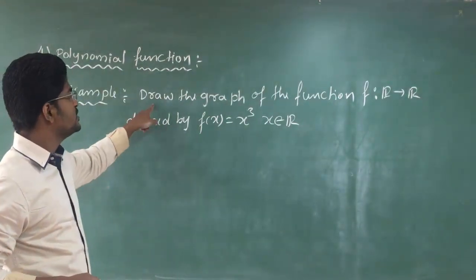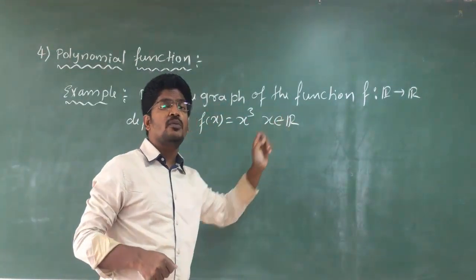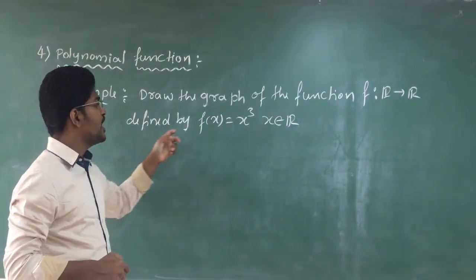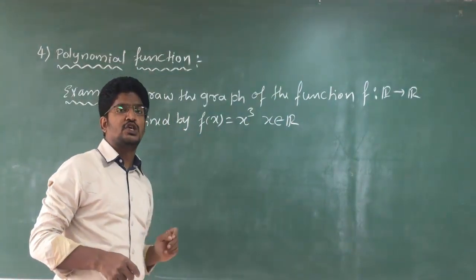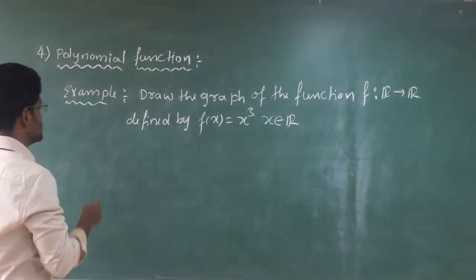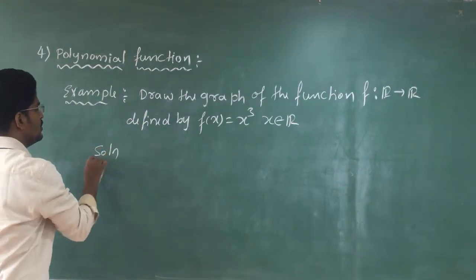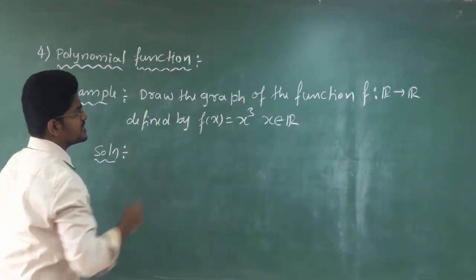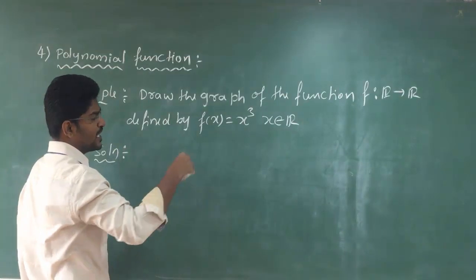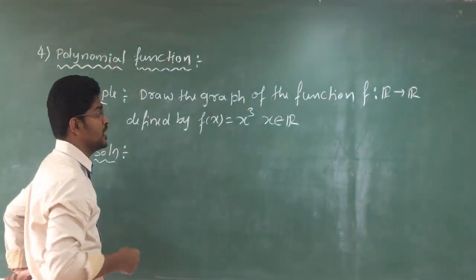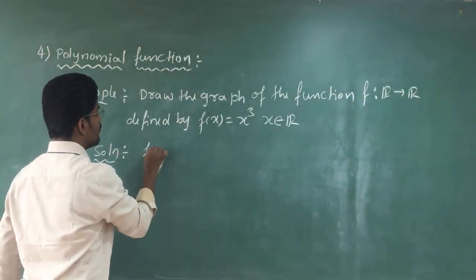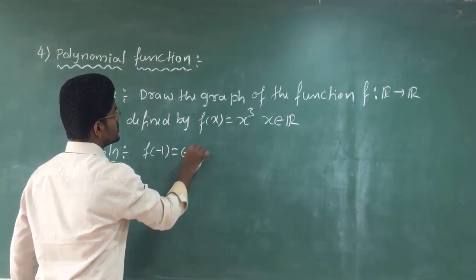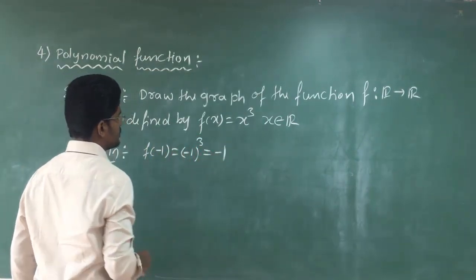They are telling us to draw the graph of the function f from R to R defined by f of x equal to x cube. No problem, let us solve it. For that you have to take some examples, so you can get the dots and join them. So f of minus 1 will be minus 1 cube, that is minus 1.